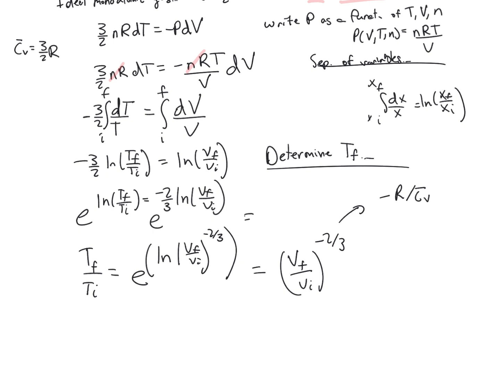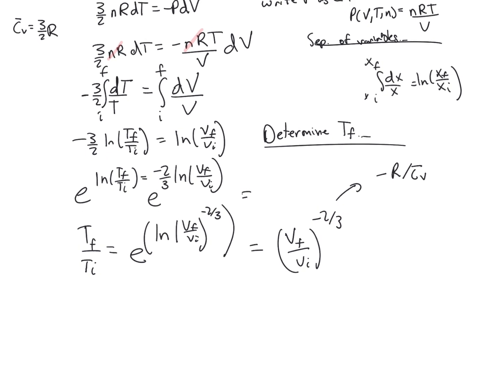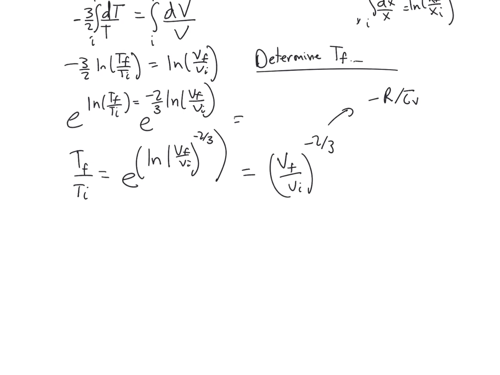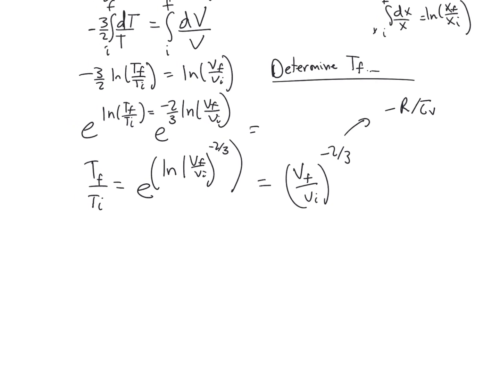Sort of an odd way of putting it, but that does work out to get that exponent of negative 2/3. Okay, so this gives us TF over TI is equal to VF over VI to the negative 2/3.